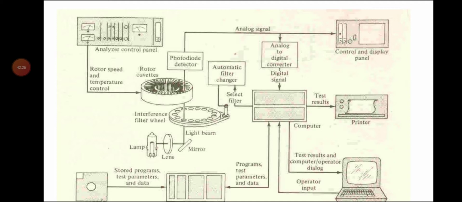The source of electromagnetic radiation passes onto the mirror through the lenses, and the reflected light is focused onto the sample through the interference filters. The required wavelength of light can be adjusted by this wheel, using an automatic filter changer controlled by the computer.